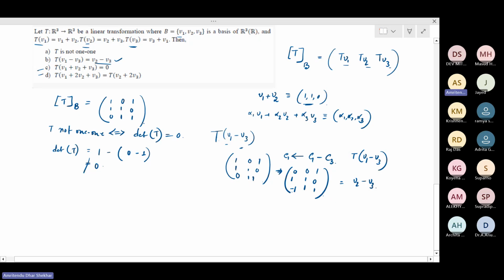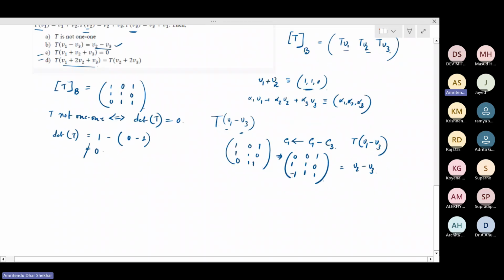To check, for instance, if this option is correct or not, what you can do is perform this column operation. You can do C1 equals C1 plus 2 times C2 plus C3.